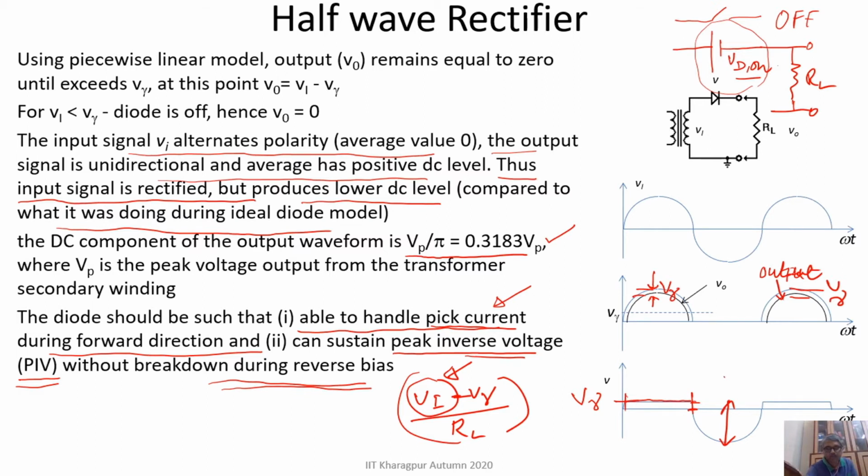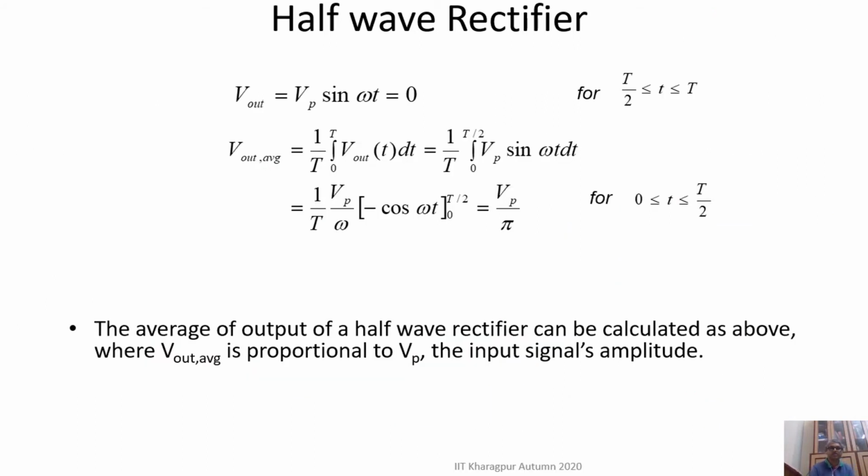Now as I mentioned, in the case of a half wave rectifier, the Vout average is basically Vp over pi. It is very easy to calculate how I get this expression. We know that V in, or Vi, is equal to Vp sin omega t.